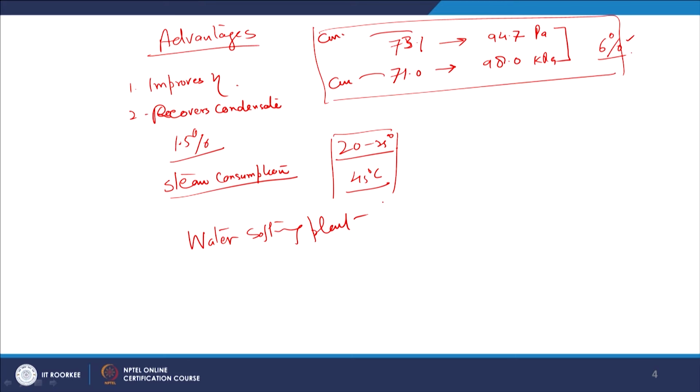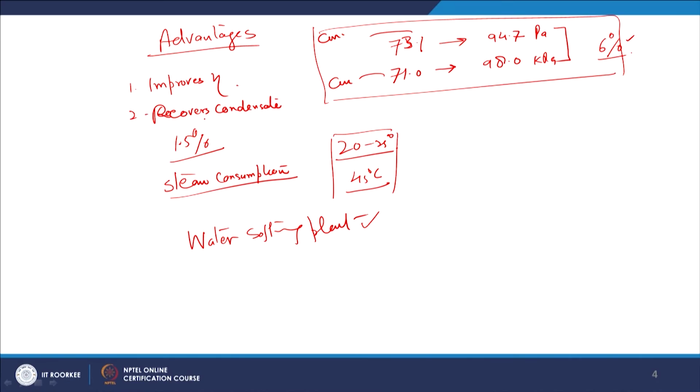In order to remove that, a water softening plant is used. If we use fresh water for the entire process, then the size of the water softening plant, or its load, will increase, because with a closed loop using a condenser, the make-up water is only 1.5%. So, this cost will also increase in a power plant.